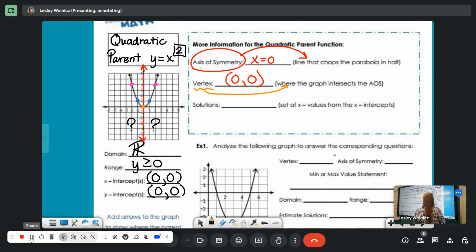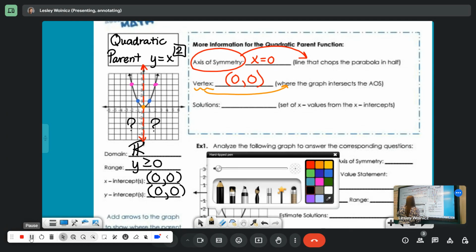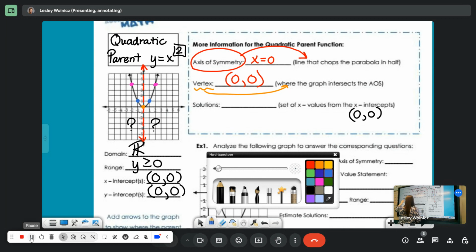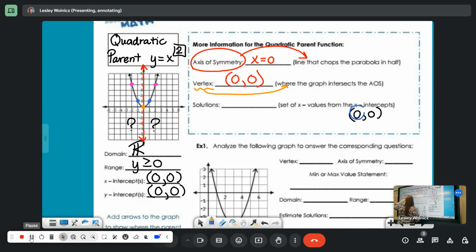So what is the x-intercept here? 0, 0. And what is the x-coordinate of that x-intercept? 0. So I take this 0 and I put it in curly brackets. If I had another solution, I would just list them separated by commas in the curly brackets.